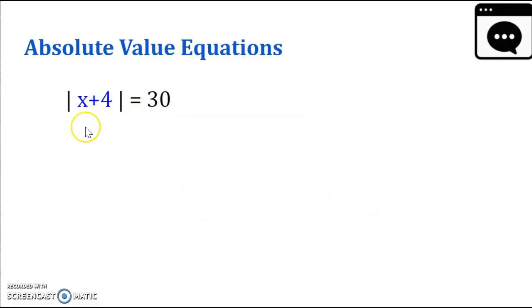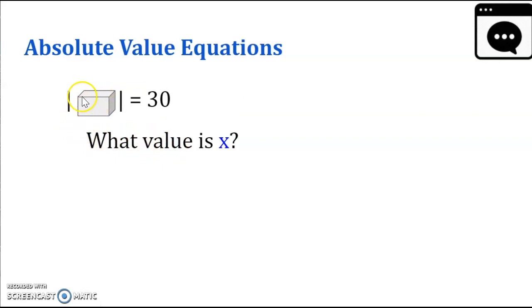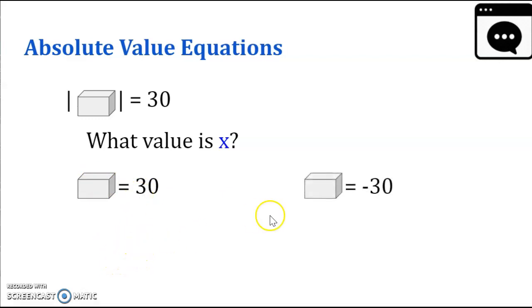So then what if I have the absolute value of x plus 4 is equal to 30? We are being asked what value of x will make this equation true. To start off with, I'm just going to put that expression x plus 4 into the box. And I can say that the box could be positive 30, or it could be negative 30.